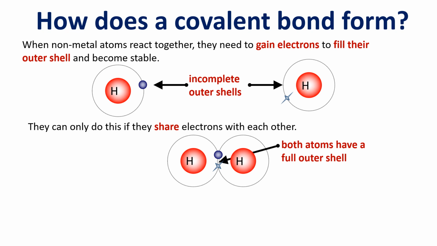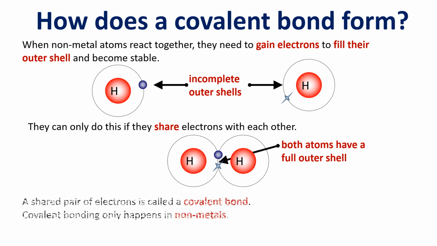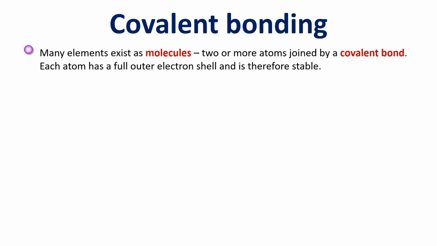So each hydrogen will share an electron with the other, and now they've got 2 electrons that can help both of them out. A shared pair of electrons is called a covalent bond, and covalent bonding only happens in non-metals. So we're sharing shared pairs of electrons.